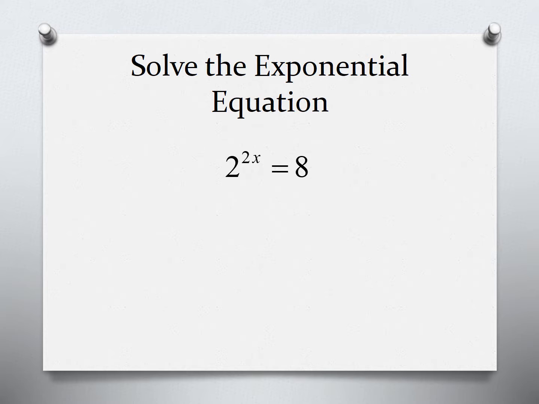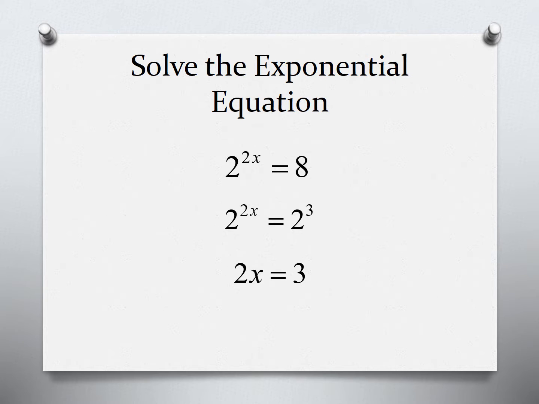Now, with that being said, let's continue with other examples. Here we have 2 raised to the 2x is equal to 8. We can do the same with that 8 because 8 can be written in terms of a base of 2 raised to some power. So 2 raised to the 2x is equal to 2 raised to the 3 only if we can get that 2 times x to have a value of 3.